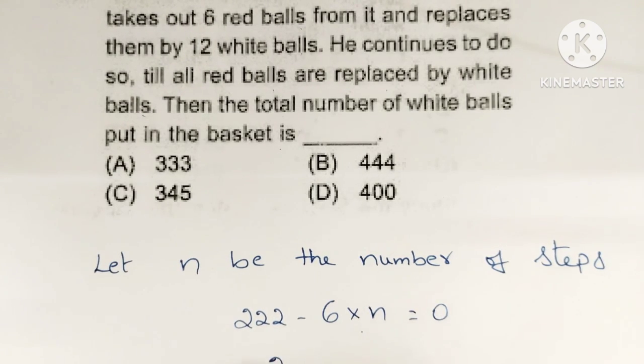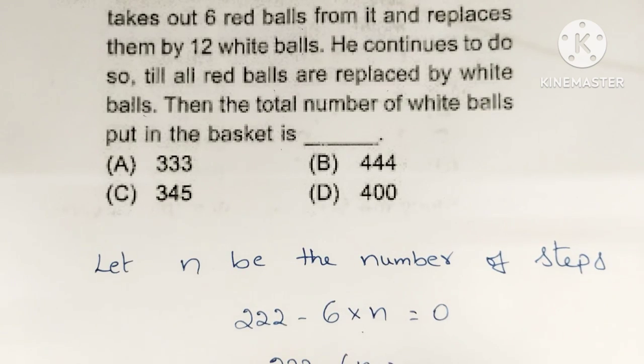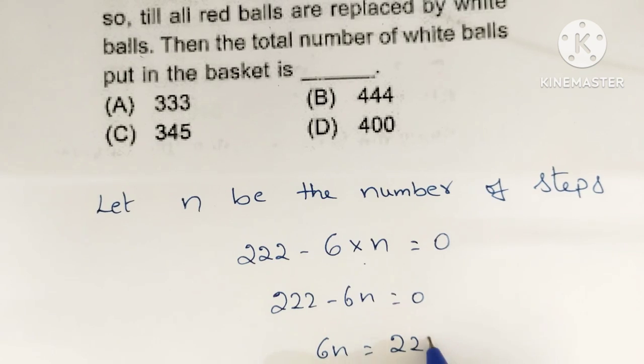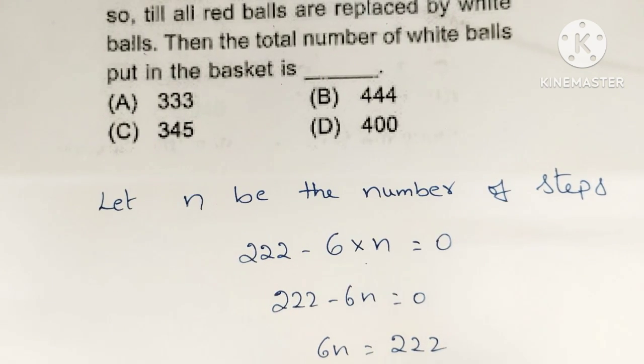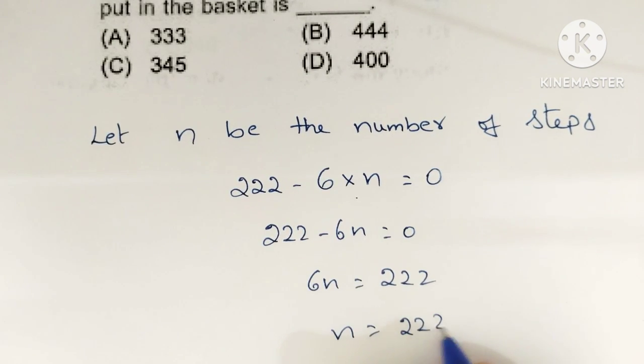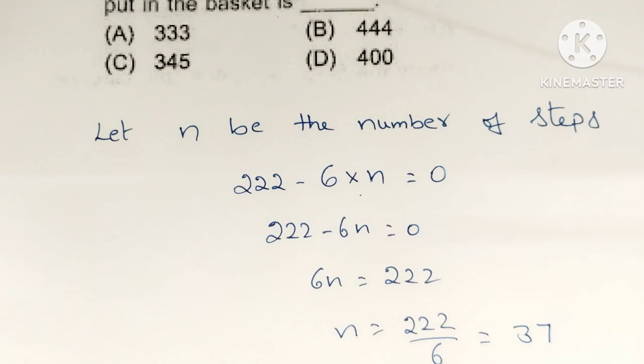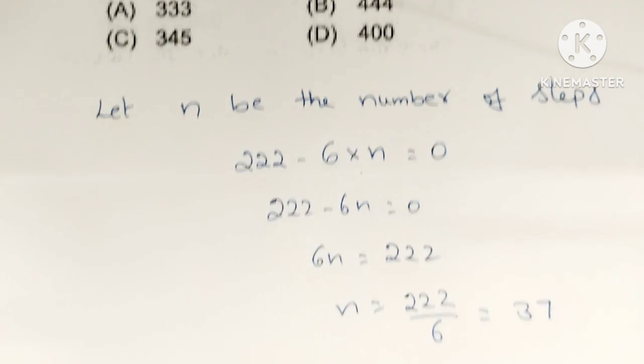So 222 minus 6n equals 0. So 6n equals 222. n equals 222 by 6, which is equal to 37.